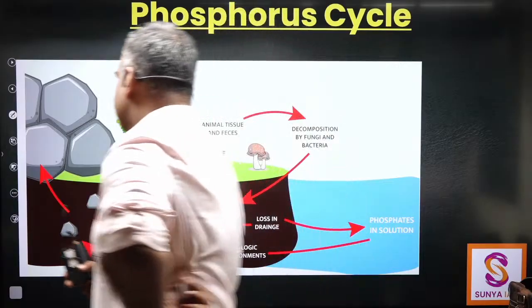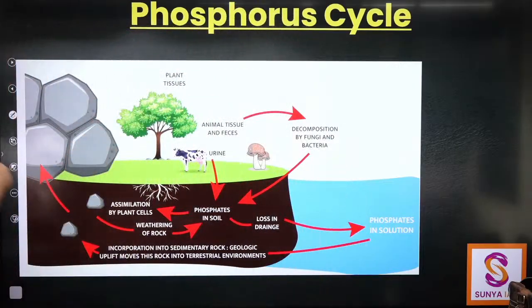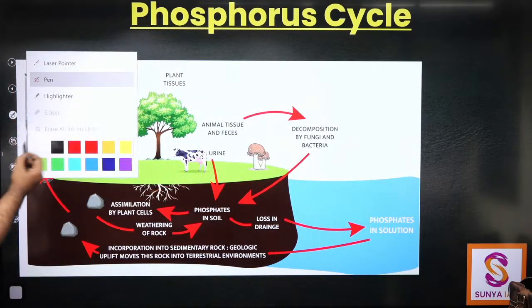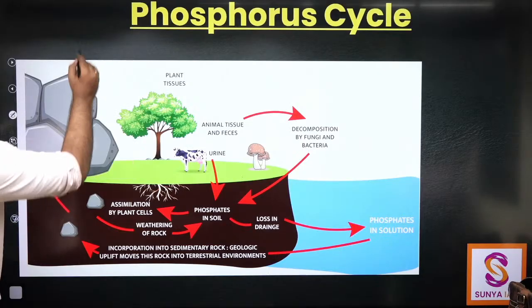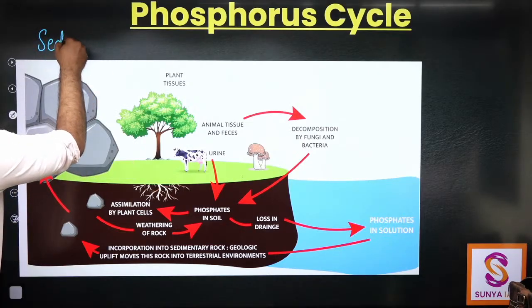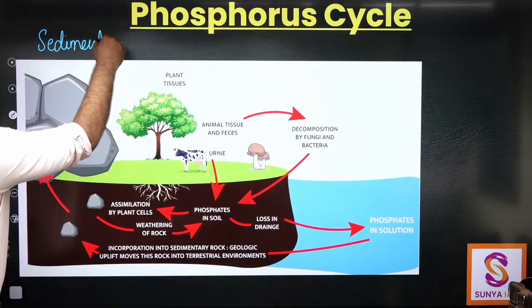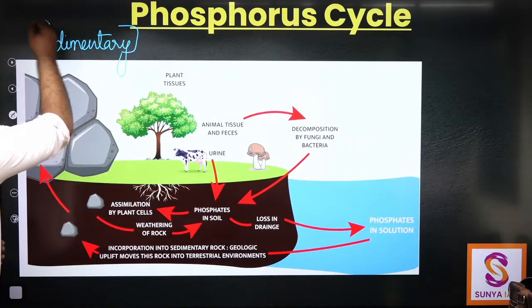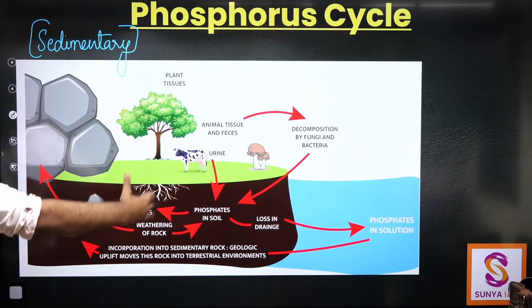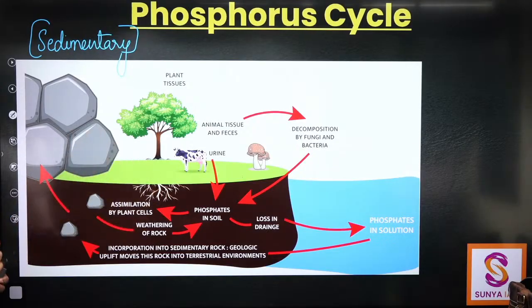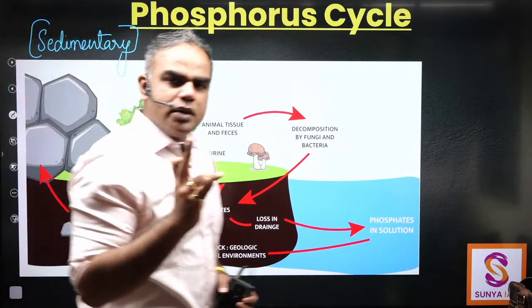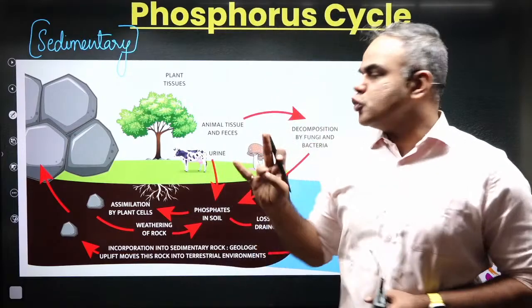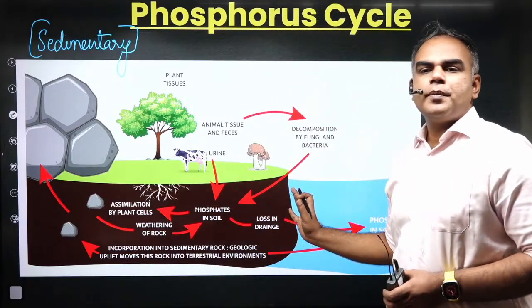Rocks, right? In fact, the maximum space is taken by the rocks, which also tells you that this is a proper sedimentary cycle. If the rocks are weathering down, this weathering of rocks releases phosphates. Phosphates can be present in soil and they can also go to water.